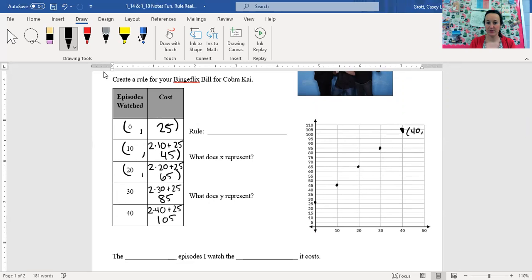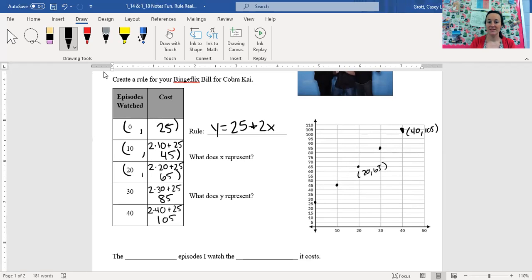If we graph those ordered pairs, this is what it ends up looking like. I'm not going to write them all out, but just so you can see where they're coming from. Our rule, our equation, is where we're going to start heading, focusing on these rules. Today I'm just going to tell you that it ends up being y equals 25 plus 2x.